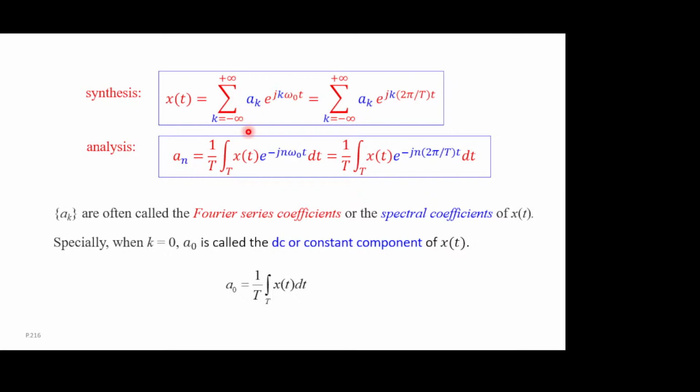You have countably infinite a_k, with k from minus infinity to plus infinity, a countably infinite number of scalar values. But how many variables do you need to get x(t)?